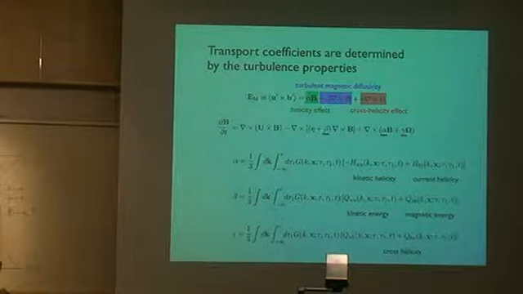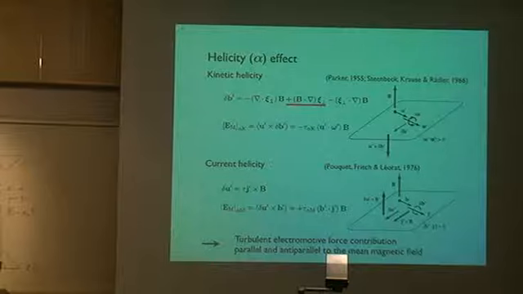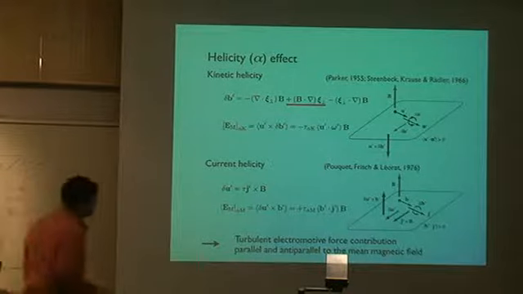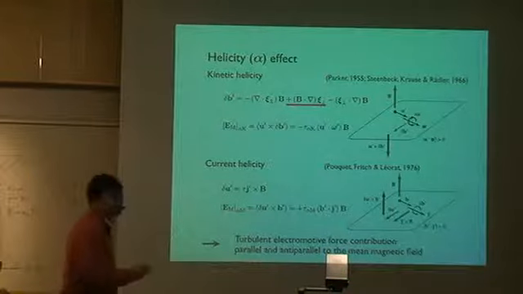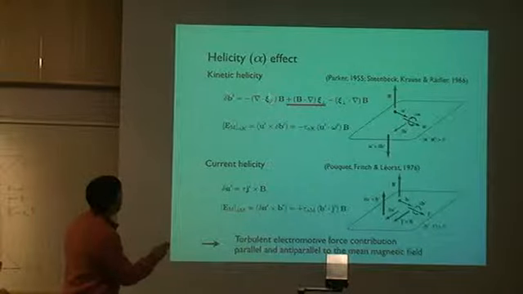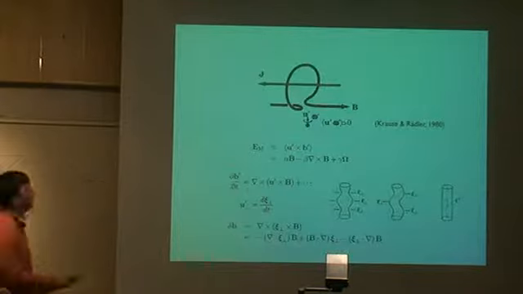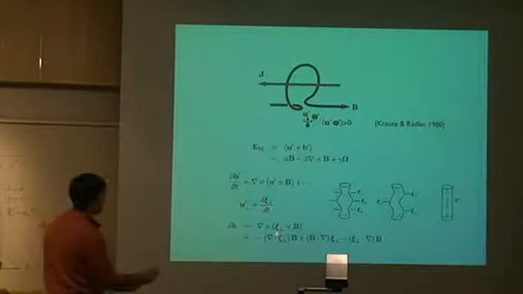Okay, but this expression is too heavy for real application anyway. But there is a very simple derivation using the equation itself, and this is the induction equation, and the displacement is something like this.